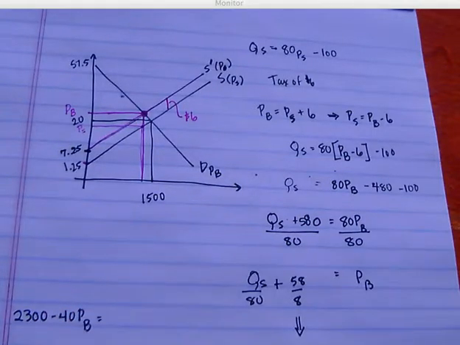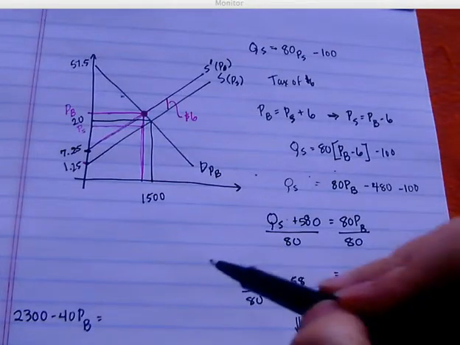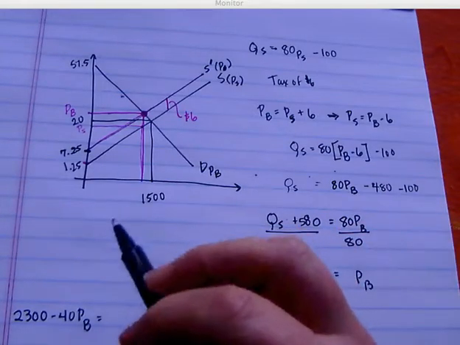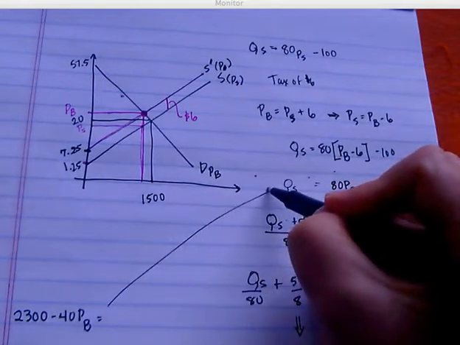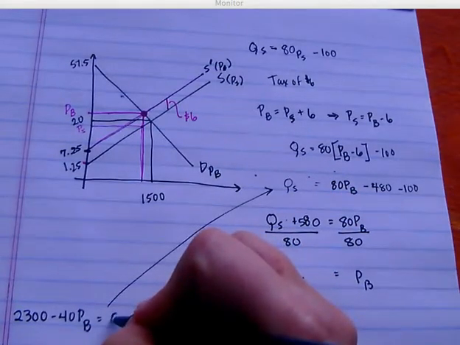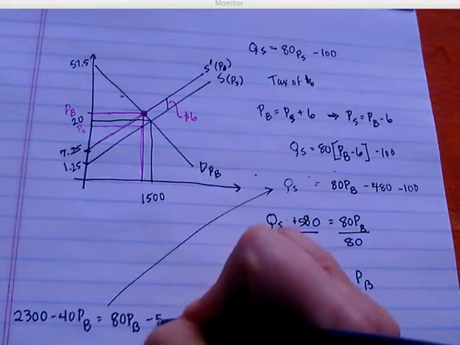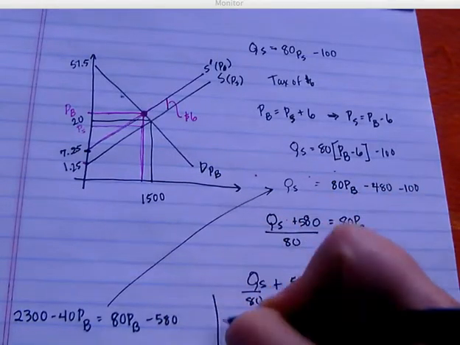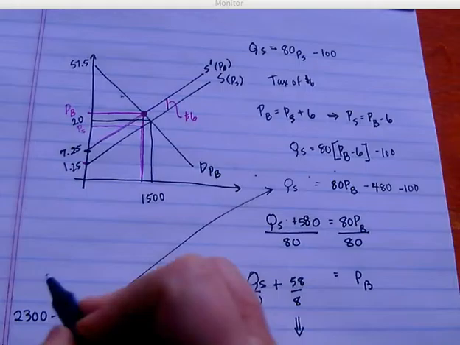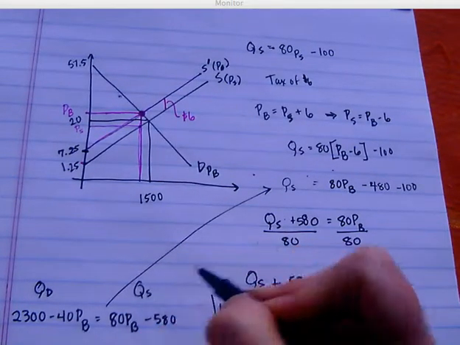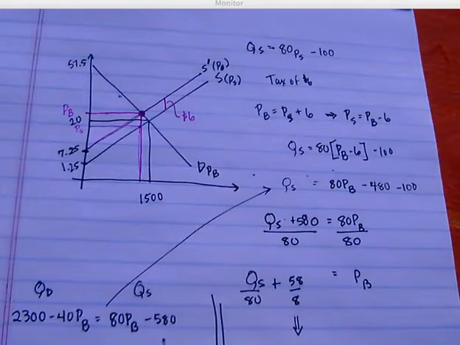And our supply curve, once again, for ease, we want to go up here to our supply curve rather than using the inverse supply curve. So that's going to be 80 times the price to the buyer minus 580. That's what we're setting equal to each other. This is the quantity demanded, and this is the quantity supplied relative to the buyer's price.